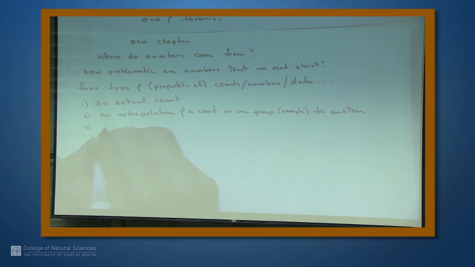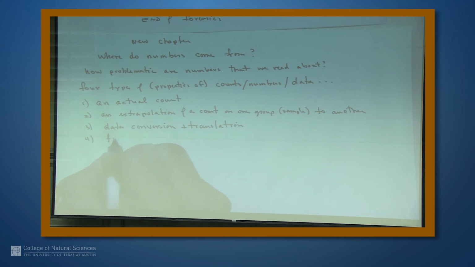Or the number might involve a data conversion and translation so that the raw data don't resemble at all what you're being told. And the last is that it might be made up. The number might be fictitious. And that's much more common than you might think, at least when it comes to the media.